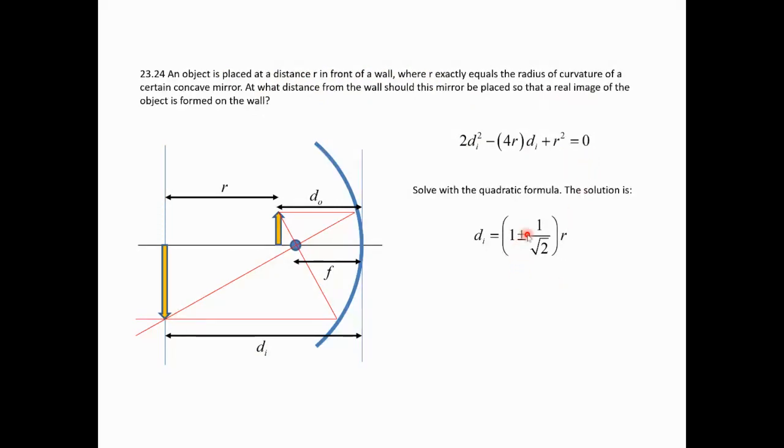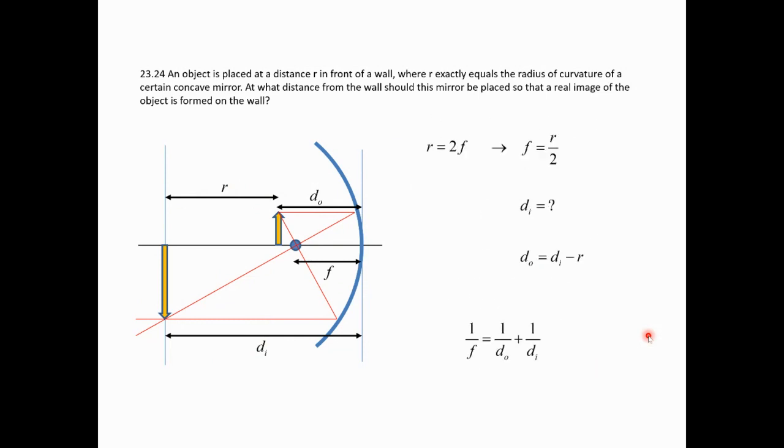Now you're left wondering whether you should have a plus or a minus. Well, di we know is bigger than r just by looking at the diagram, so it has to be the plus sign. And so this is the final answer. Any question about this? The main thing is the setup. It's a tricky question because of this setup. In other words, just this part of it.